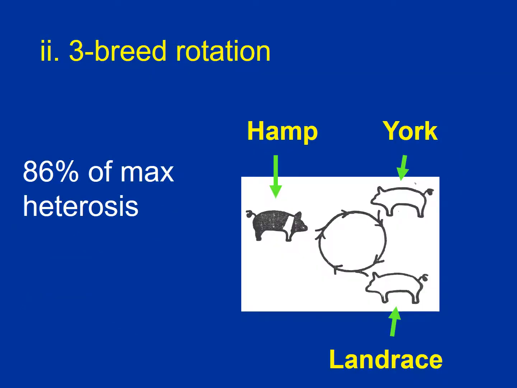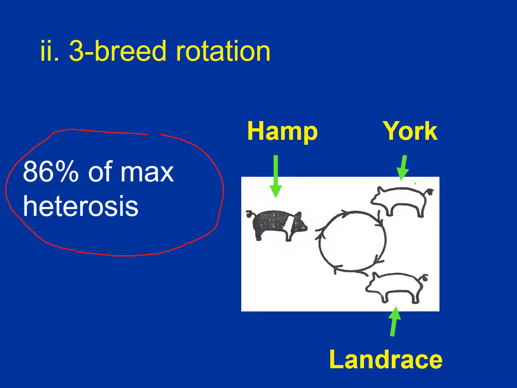So today, a 3-breed rotation is most widely utilized if people go to a rotational crossing system. And obviously the advantage of a 3-breed rotation is that you're getting 86% of the maximum heterosis, while in a 2-breed rotation you only got 67% of the maximum heterosis.